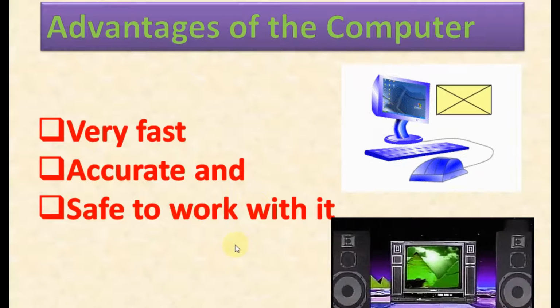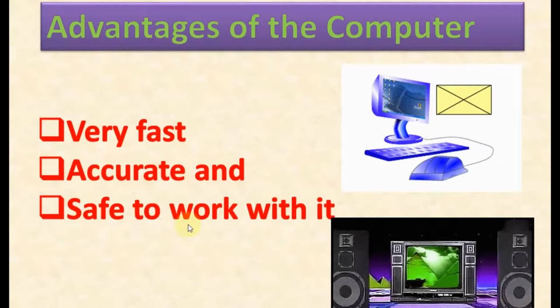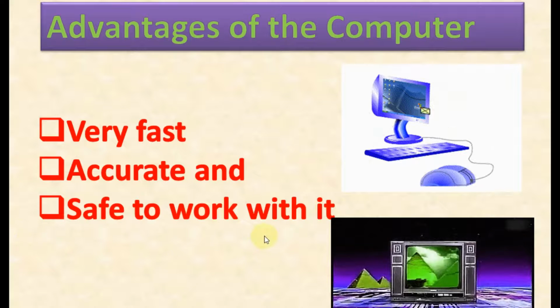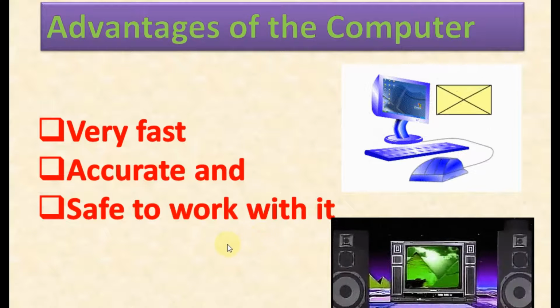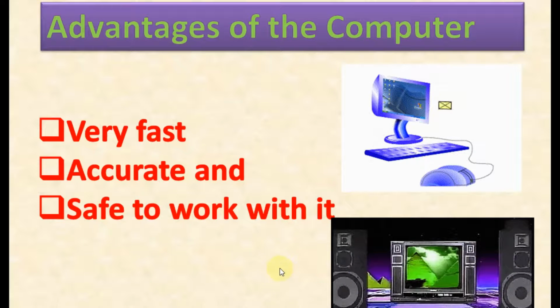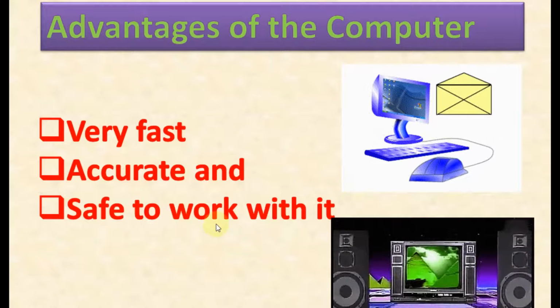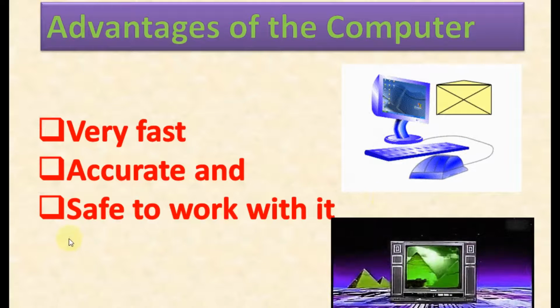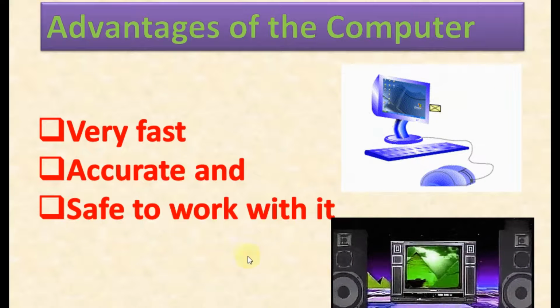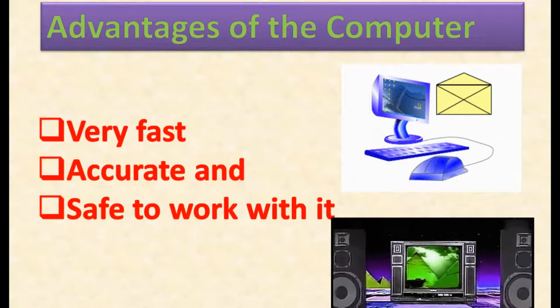It never makes a mistake. It always gives the correct answer. Number three, it is safe to work with it. You can safely work on a computer. Yes, it is user friendly. Mainly because of these three reasons, computers are used in most places.